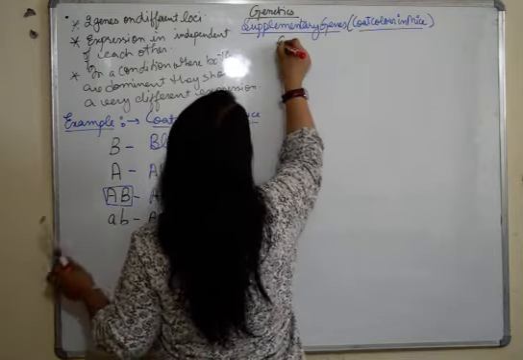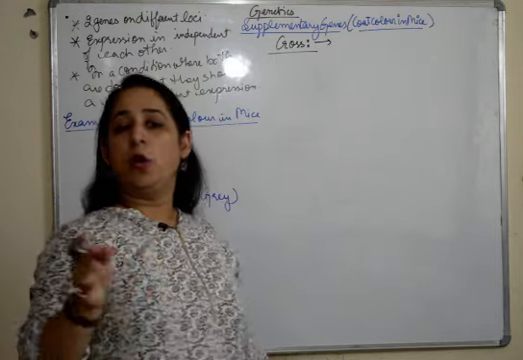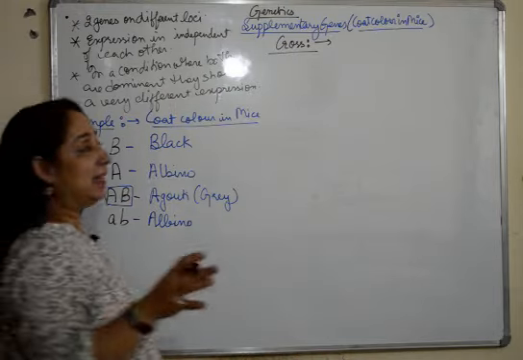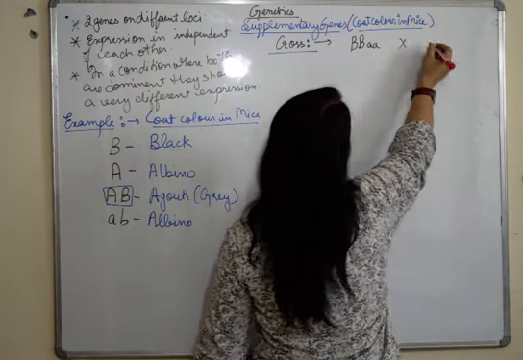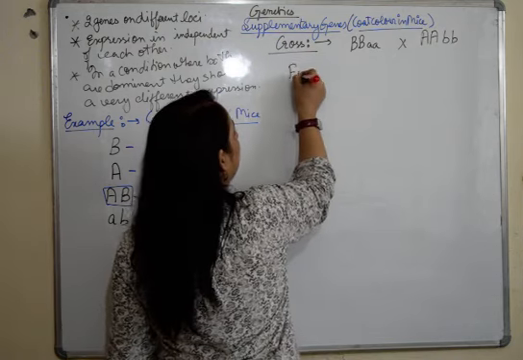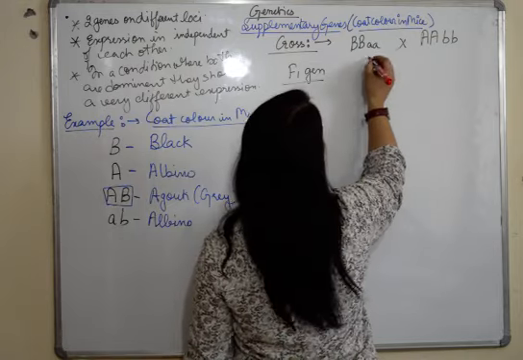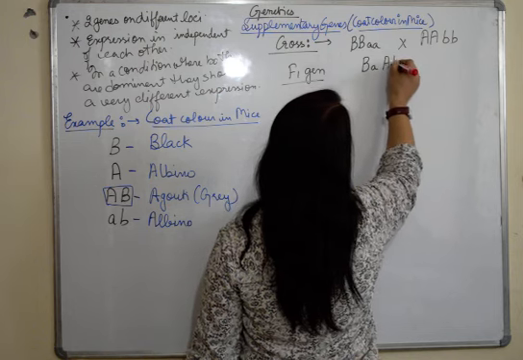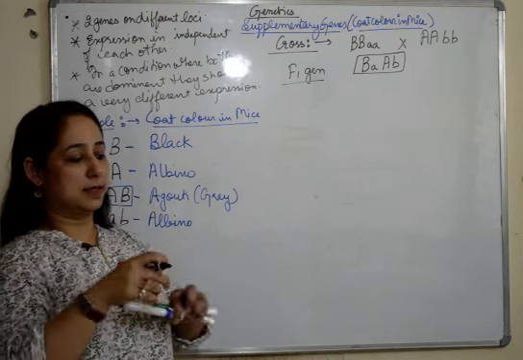For this cross, suppose we are crossing two individuals of extreme ends, a black and an albino. So a black trait and an albino trait are crossed, black with B dominance and albino with A dominance. First we have the F1 generation. If I make a Punnett square, we will get all in a heterozygous trait.